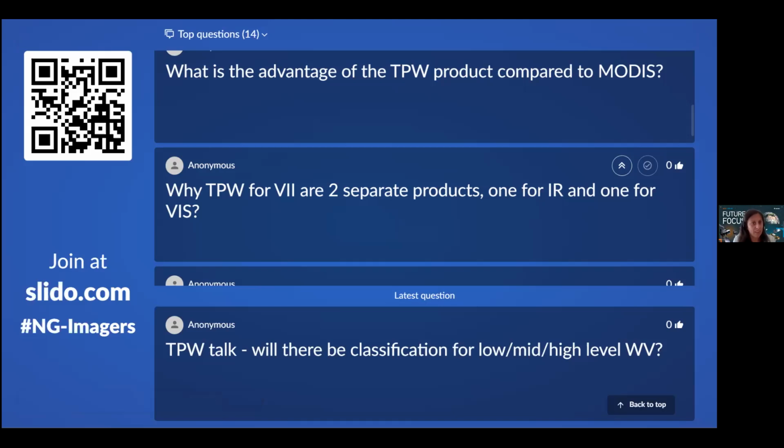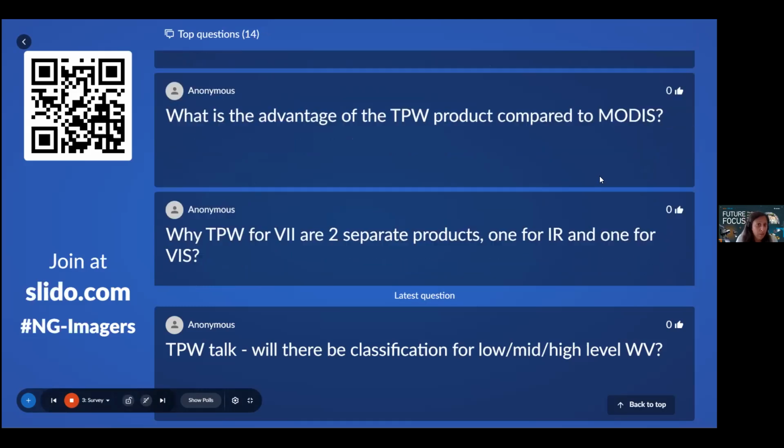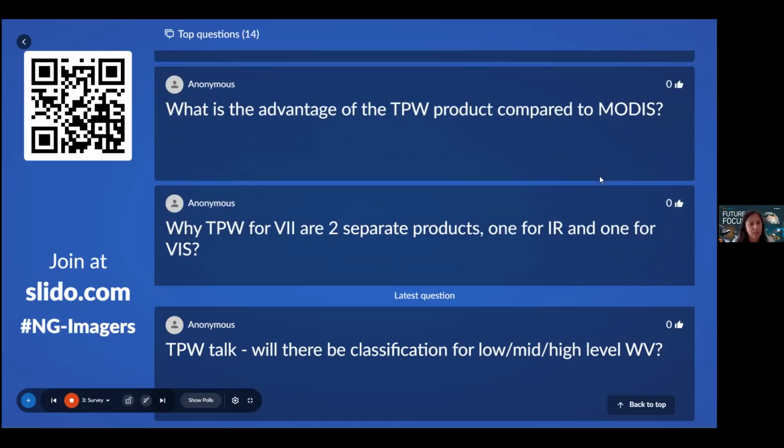So we think that this could create a slight bias between day and night that the user might not like. That said, we have in the plan for day 2, after the commissioning, to merge these 2 products into one, to test it, of course, offline first, to see how the user reacts to it, and then if the reaction is positive, to integrate it as an operational product. But for day 1, they will remain separate.